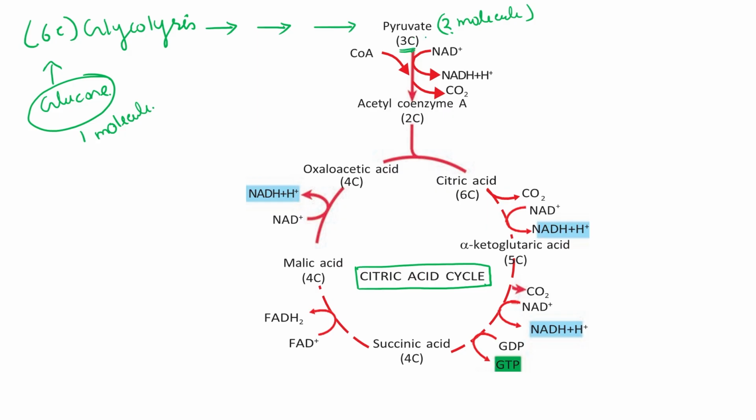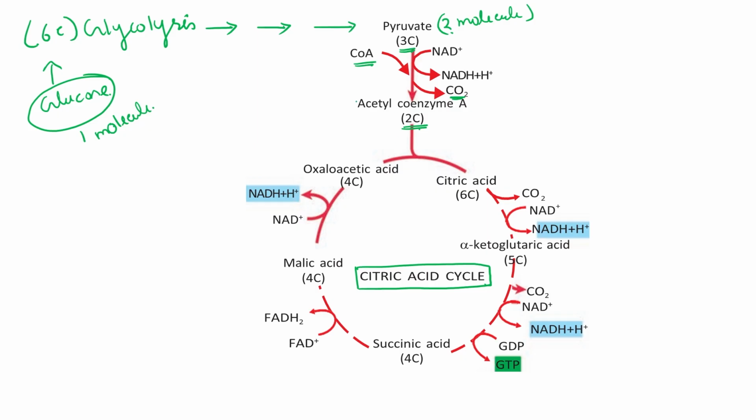And this pyruvate then converts into acetyl coenzyme A, which is a 2-carbon molecule. As we just discussed, this converts 3 carbon to 2 carbon, so obviously 1 molecule of carbon dioxide is released during this process. In this process NADH is generated and coenzyme A also participates in this particular reaction.